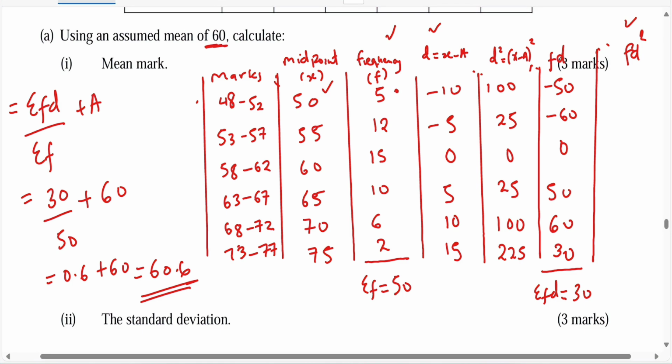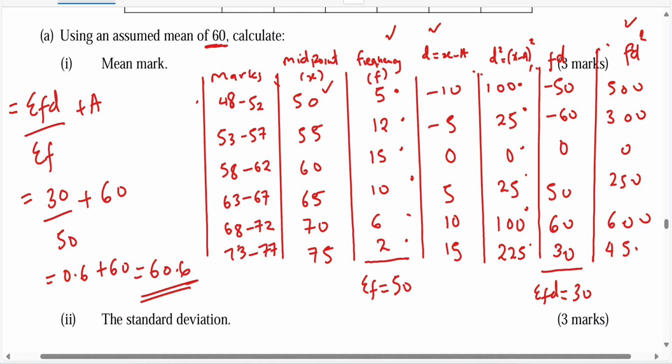So 5 times 100 gives us 500. 12 times 25 gives us 300. 15 times 0 is just 0, and 10 times 25 gives us 250. 6 times 100 gives us 600, and the last one is 2 times 225, which gives us 450.